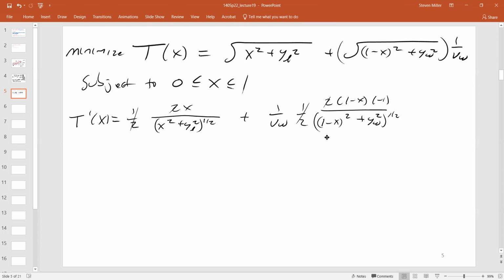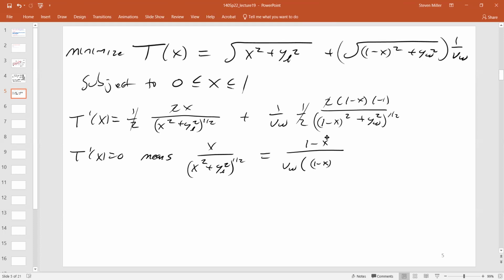Okay, so T prime of x equals 0 means x over the square root of x squared plus YL squared equals 1 minus x over VW times the square root of 1 minus x squared plus YW squared.